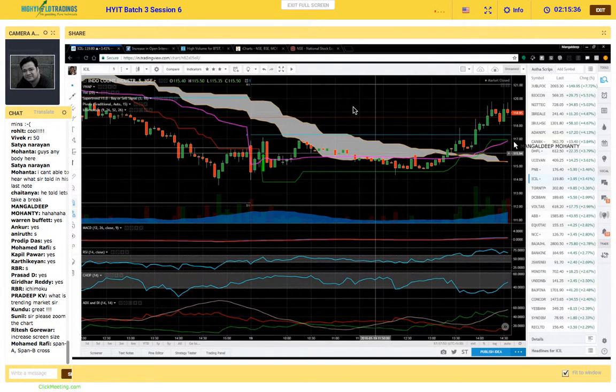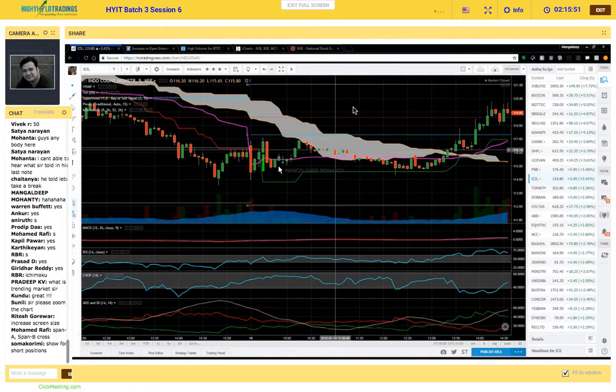This is an area where many candlesticks are within the Ichimoku cloud, right? And you don't have a chance to trade anyways because you have a VWAP which can act as a support. You have an SC which can act as a support. So this is not an area of trading at all.